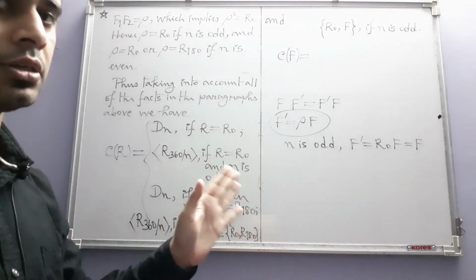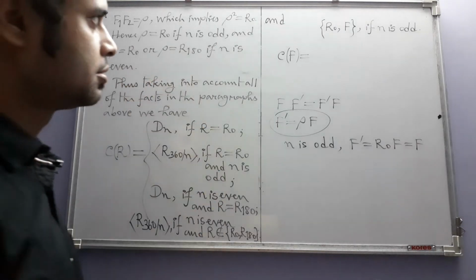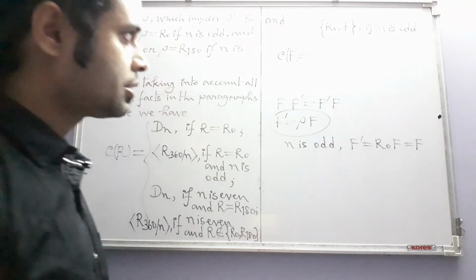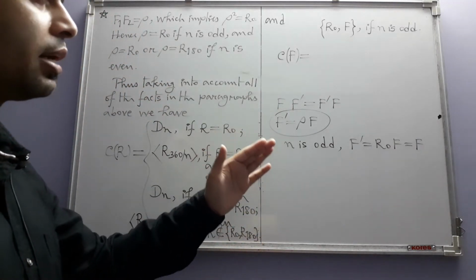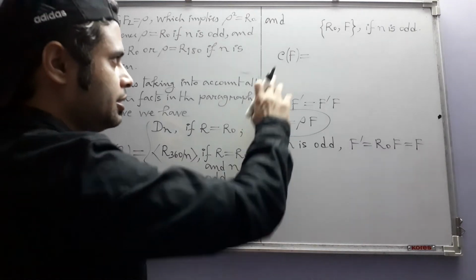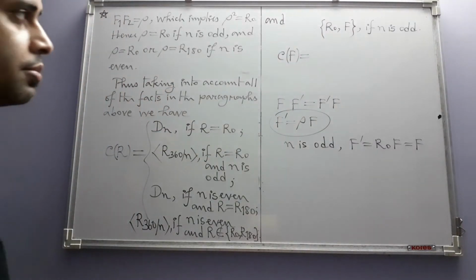No other reflection commutes with F. That's what we are getting from this analysis. So that's why we have written R naught comma F. R naught is the only rotation that commutes with F, and F is itself the only reflection that commutes with F. So in this case, this is the centralizer of F.